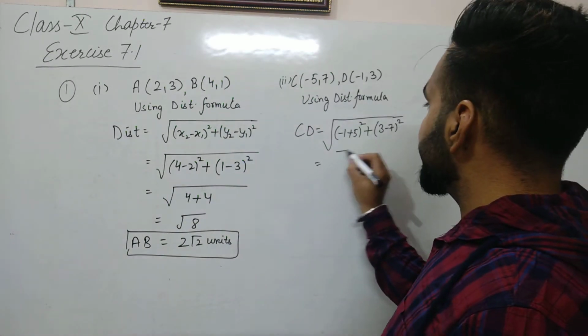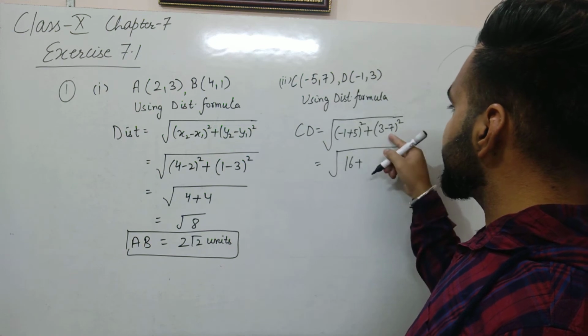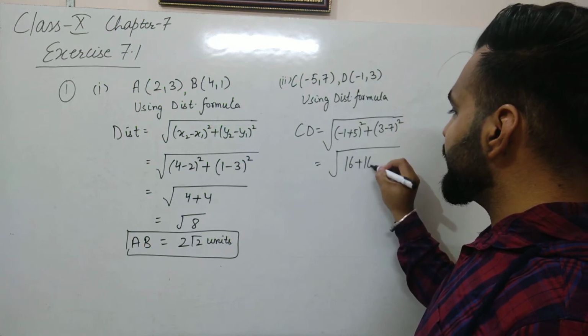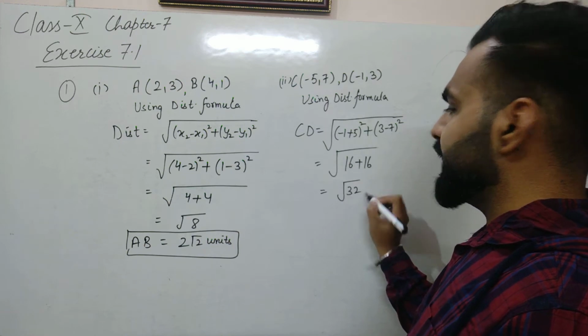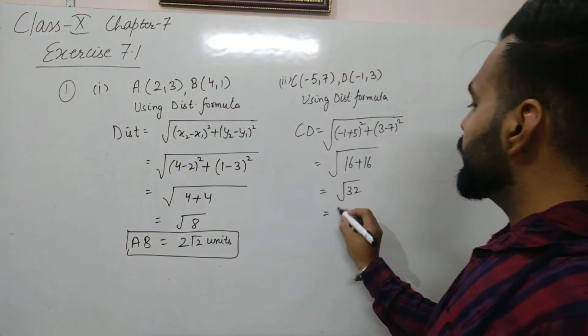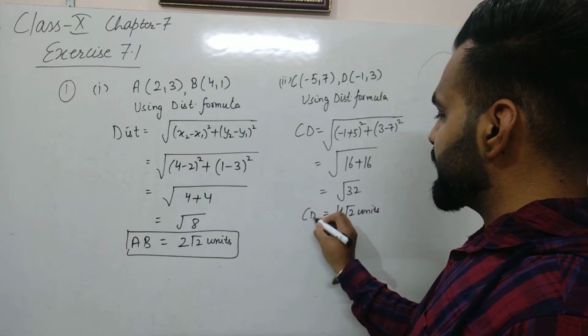This will be equal to, this is 4 square, 16. This is again minus 4 square, 16. So this is root 32. This is equal to 4 root 2 units. So this is our CD.